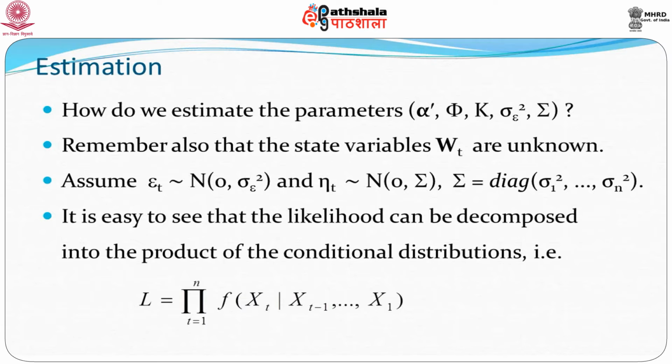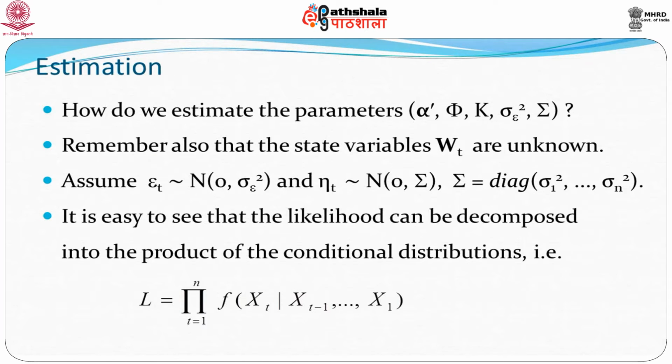The problem here is that the state variables w t themselves are unknown. So, in fact, we know nothing about the state equation. Everything in the state equation is unknown to us, and only the x t in the observation equation is known. So, how do you actually get the estimates of the parameters not only of the observation equation, but also of the state equations?